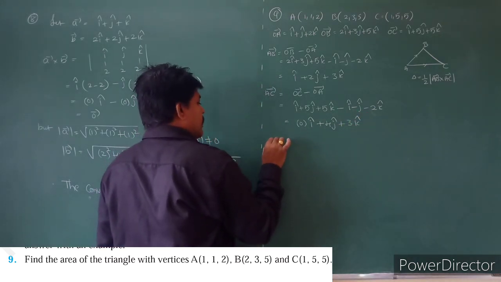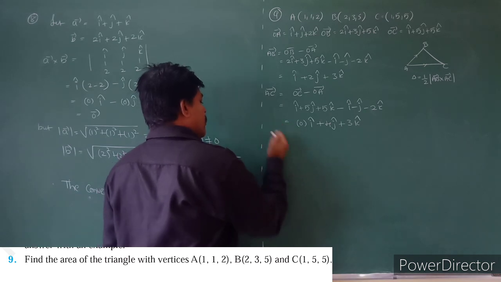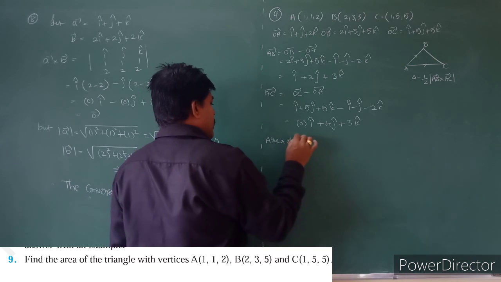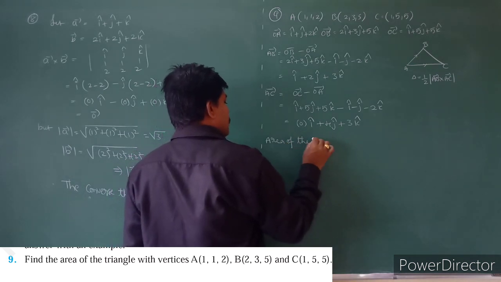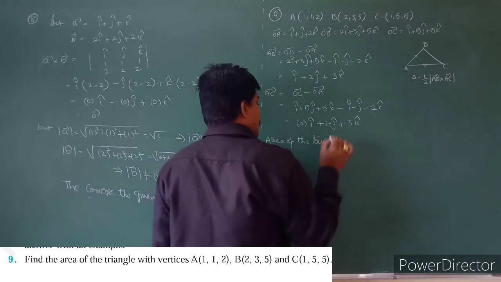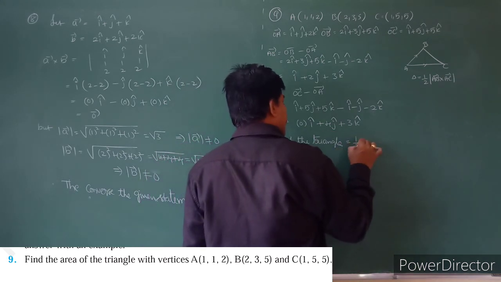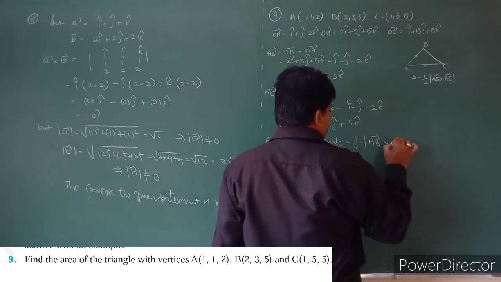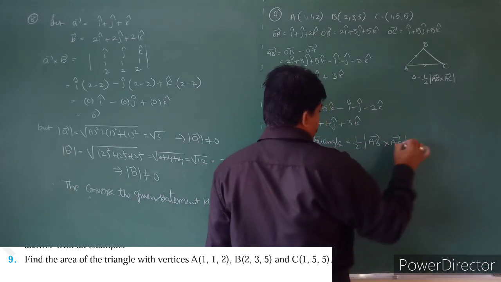So I need to calculate the area of the triangle. The area of the triangle is equal to half into mod AB bar cross AC bar.